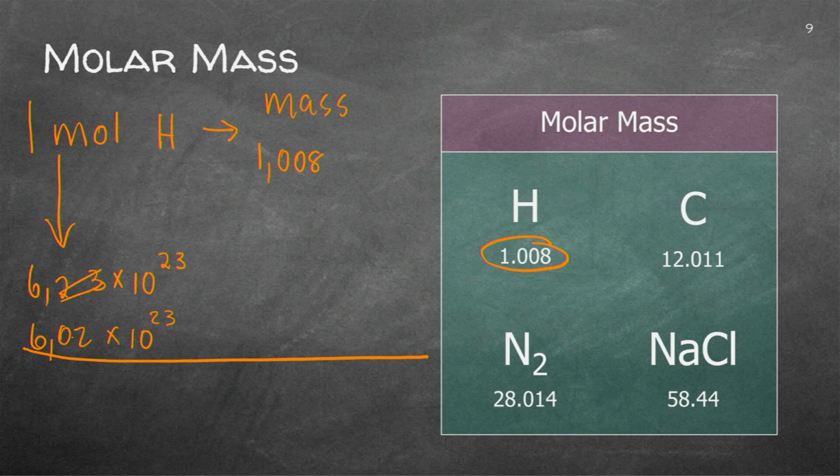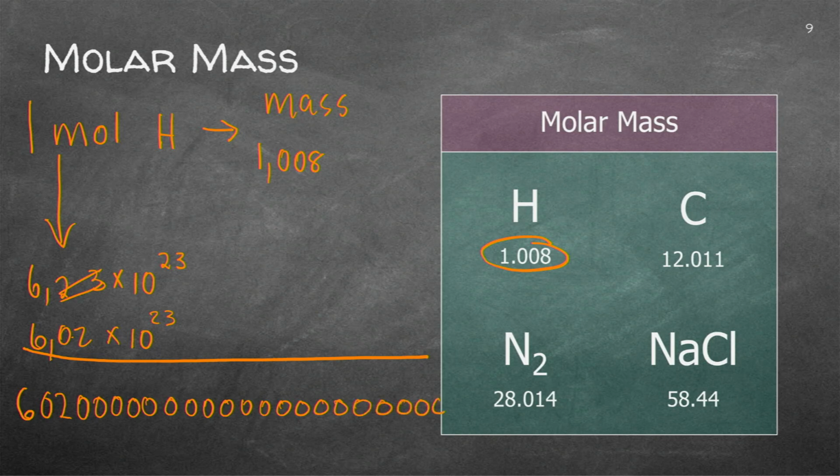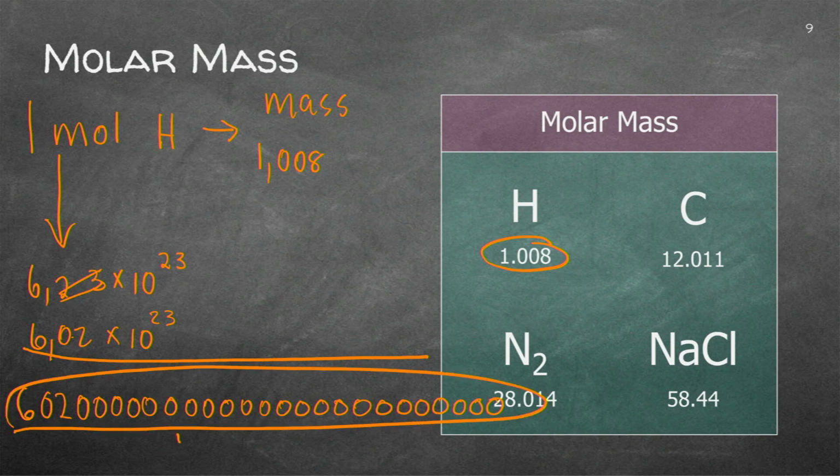So what I actually have is 602 with 21 zeros. 1, 2, 3, 4, 5, 6, 7, 8, 9, 10, 11, 12, 13, 14, 15, 16, 17, 18, 19, 20, 21, 22, 23. That's the number of atoms in 1 mole.